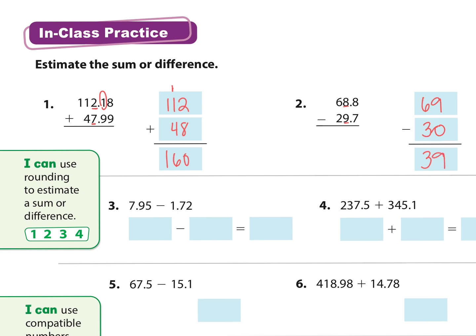Okay. On number 3, to use rounding, I want you, just make a little note. I'm going to have you underline the place that you're going to round. Okay. On number 3, I want you to round to the nearest whole number. So underline your whole numbers. On number 4, you're going to round to the nearest whole number. So underline the ones digit.